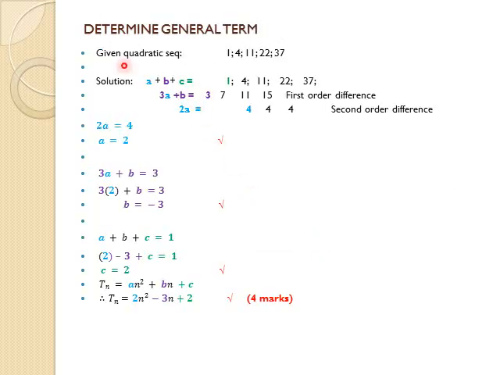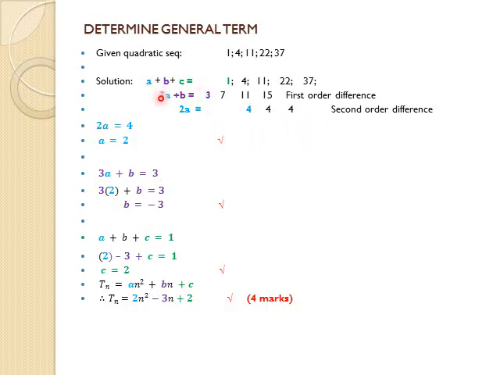Alright, so if we look here at the second problem, they say determine the general term. So you're working with the same quadratic sequence, 1, 4, 11, 22, 37. If I subtract, 4 minus 1 gives me 3, 11 minus 4, 7, 22 minus 11, 11, 37 minus 22, 15. And if I subtract the second time, I get a second difference of 4.